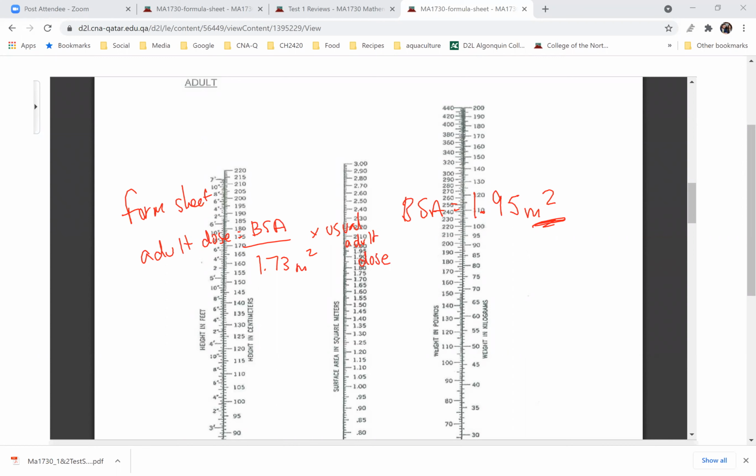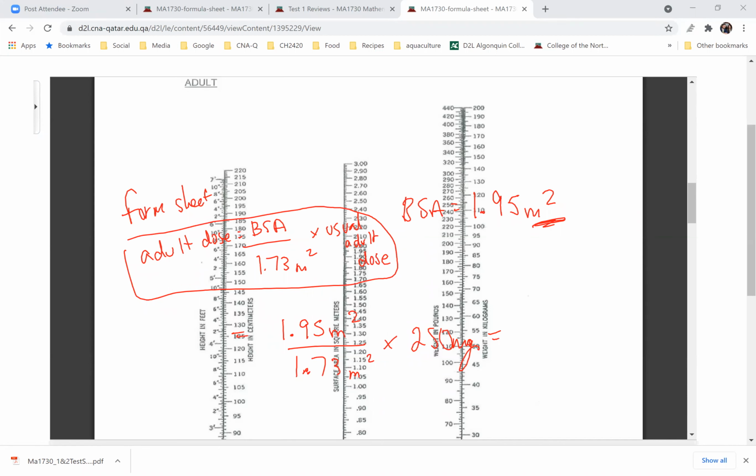Okay, so my answer to this is going to be my body surface area, 1.95 meters squared over 1.73 meters squared times the usual adult dose, 250 milligrams. And that's it. This formula is on your formula sheet.